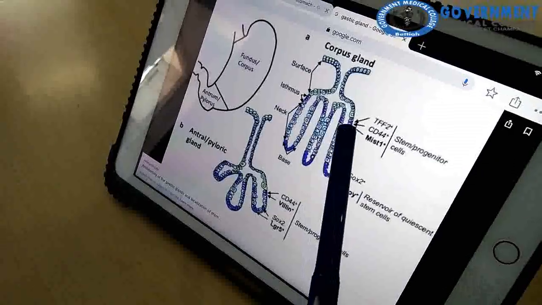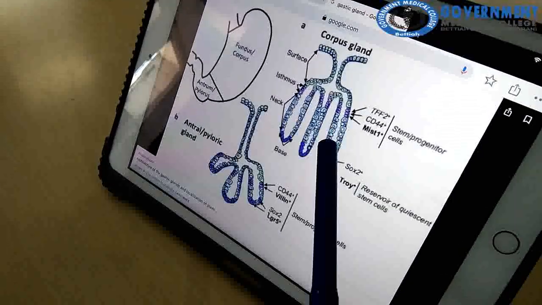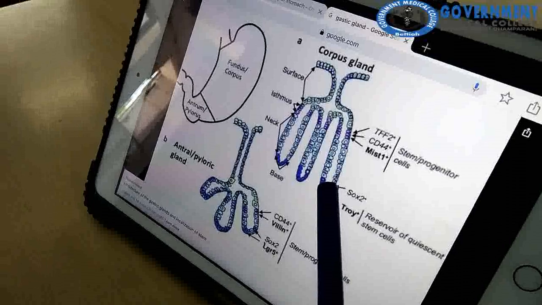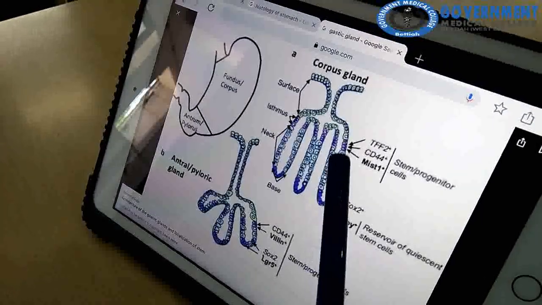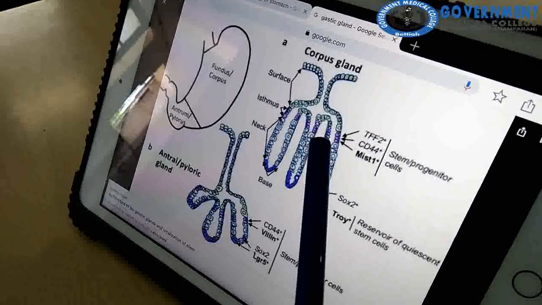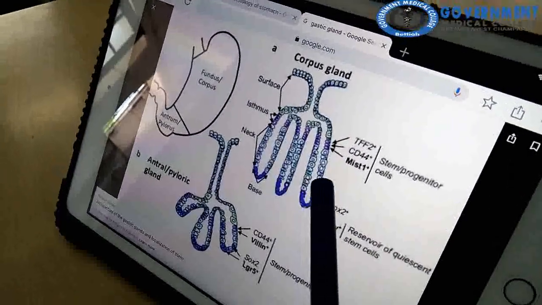See these cells. This is a small columnar cell. This is a tall columnar cell.